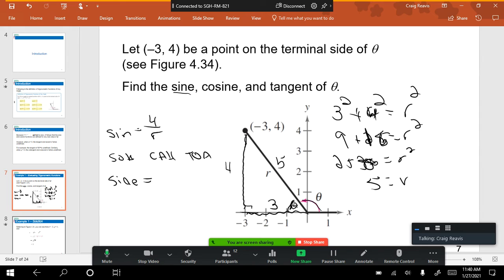So whatever the sine, cosine, and tangent of this angle is, the sine, cosine, and tangent of this angle is going to be the same. All right. So we know that sine is opposite over hypotenuse, so it's going to be 4 over 5. We know cosine is going to be adjacent over hypotenuse, 3 over 5. And then we know the tangent is the opposite over the adjacent, 4/3. Okay.